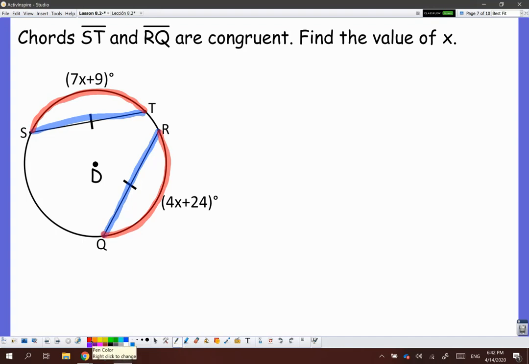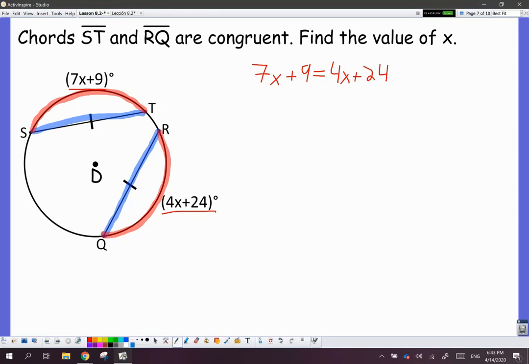So this measure has to be the same as this measure. If these two measures are the same, then they are equal, and we can write it out in an equation format: 7x plus 9 equals 4x plus 24.